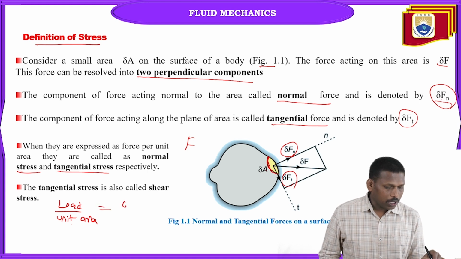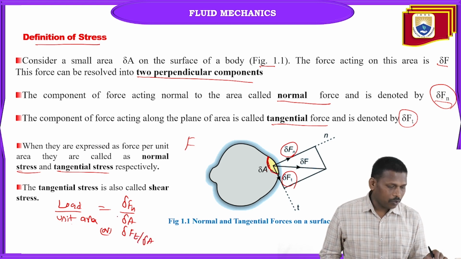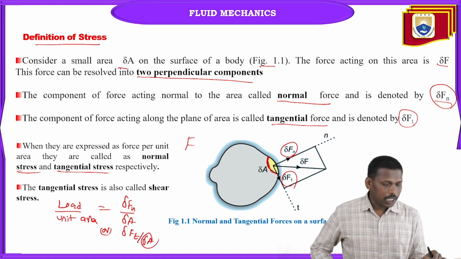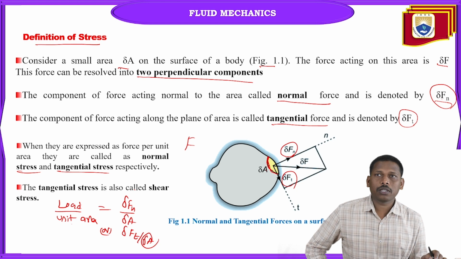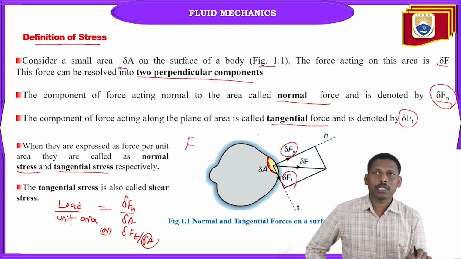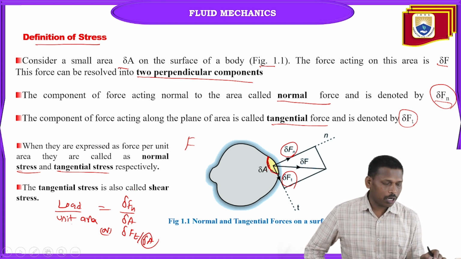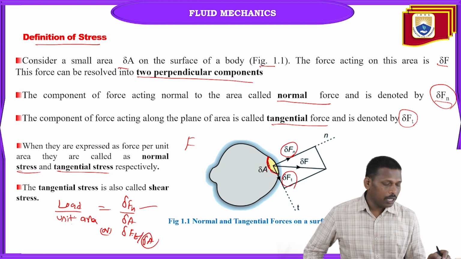For example, if you want to express this normal stress, it will be load per unit area delta A, or this is tangential delta A. So the unit area is what we consider as delta A, and then we are expressing whatever force is acting, which is resolved into two perpendicular components. One is normal, the other is tangential. The tangential stress is also called the shear stress.